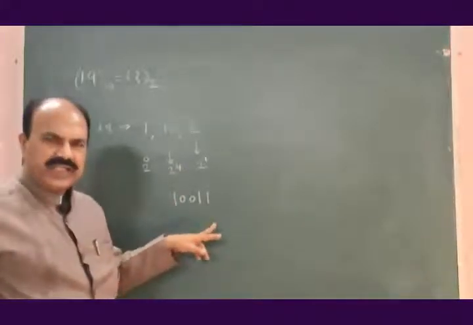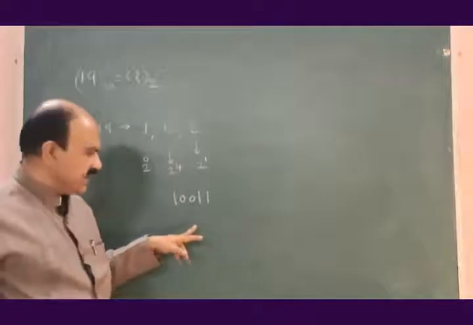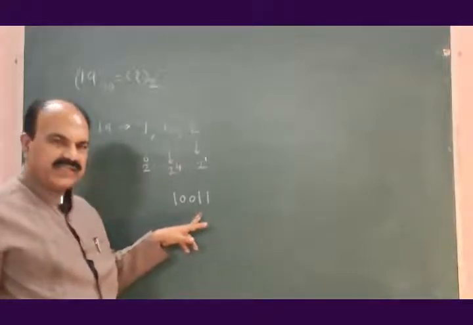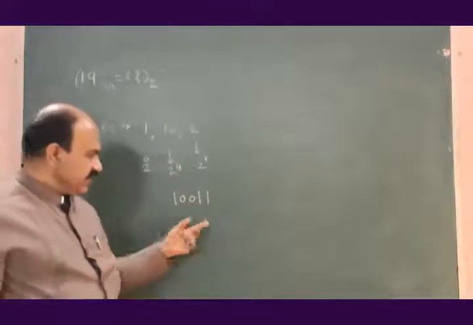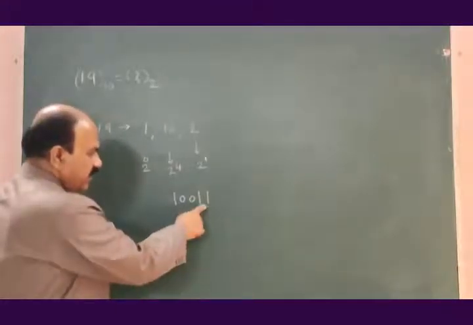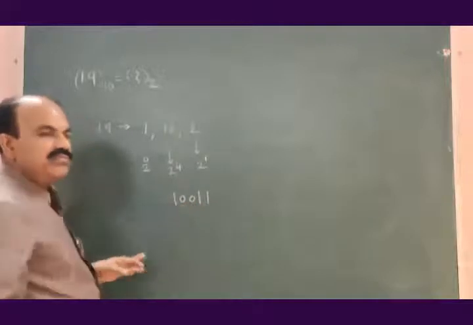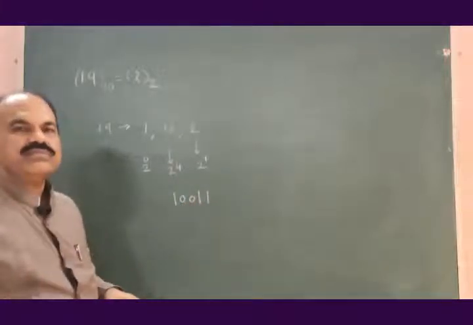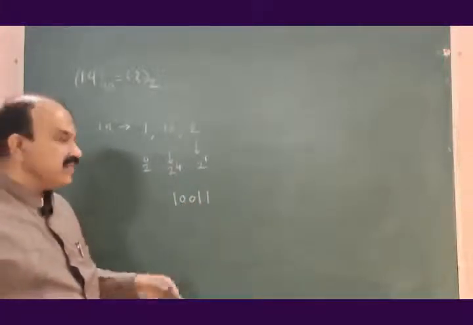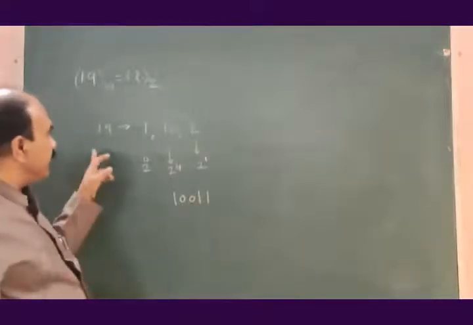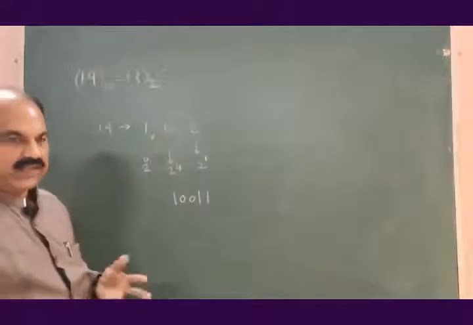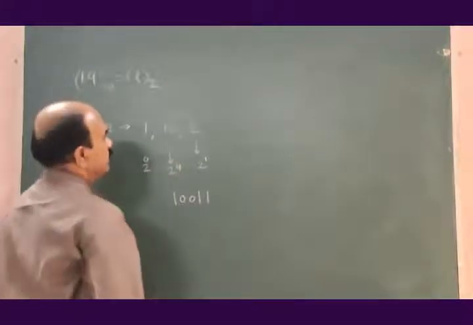I have given you the table of binary numbers. From that you can find whether this is 19. 16 plus 3, 19. Okay, one example.